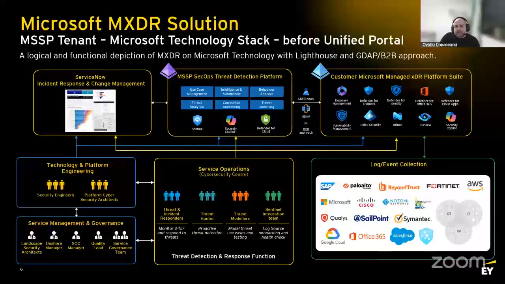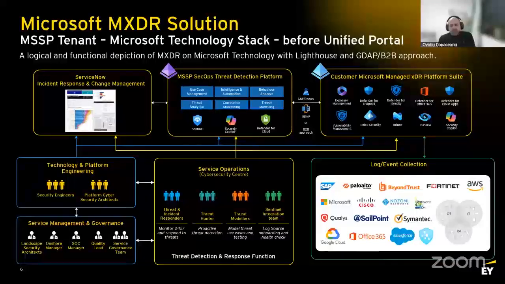But this is basically where the Lighthouse capabilities stop, because we have only Sentinel and Defender for Cloud as Azure resources that can be used with Azure RBAC, right? And then how do we manage the customer XDR platform? Well, we have two solutions, the GDAP and B2B approaches.